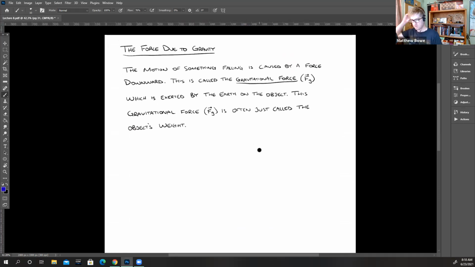Okay, so the force due to gravity, there's this constant acceleration that is accelerating all of these objects that are on the surface of Earth downward towards the center of the Earth. So these objects have mass, they are accelerating. That means that there is this force due to gravity that is directed downward.